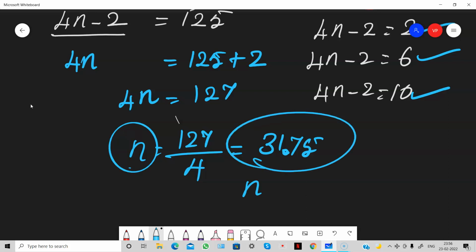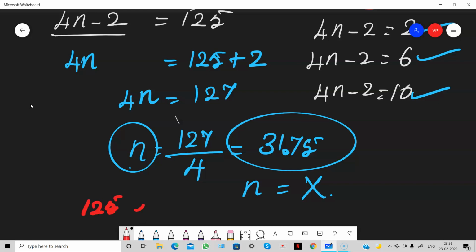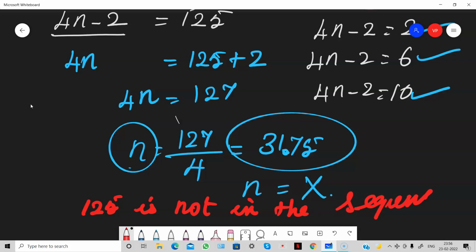Is it possible for 31.75 to be the position? No. n cannot be a decimal. Definitely n cannot be a decimal. So 125 is not in the sequence. It cannot be a member.